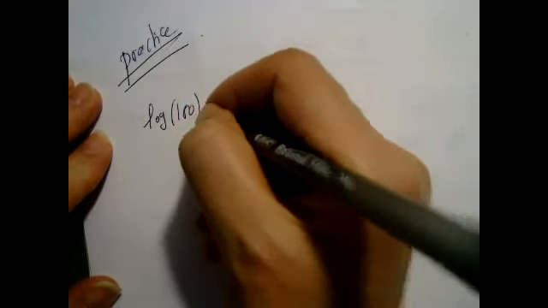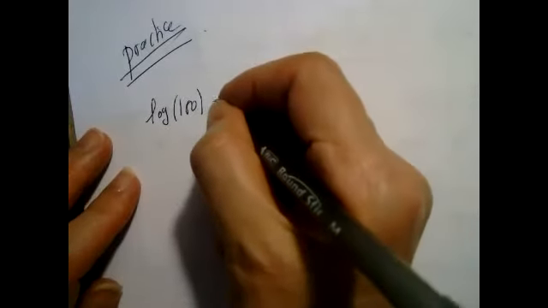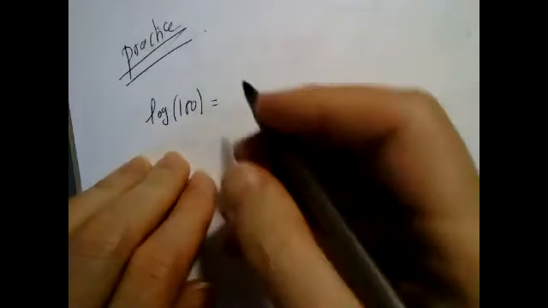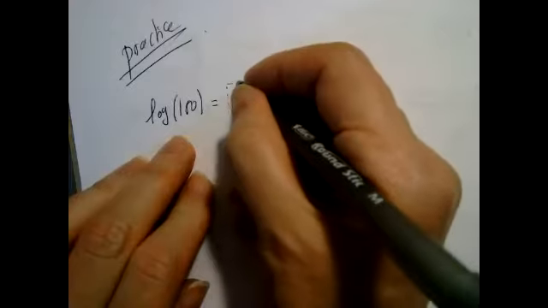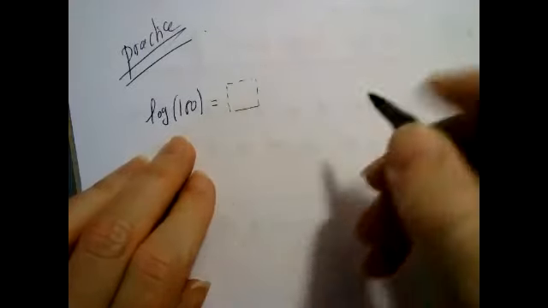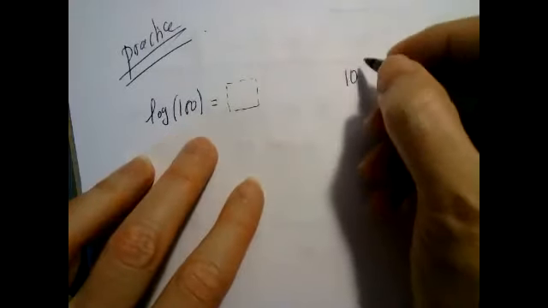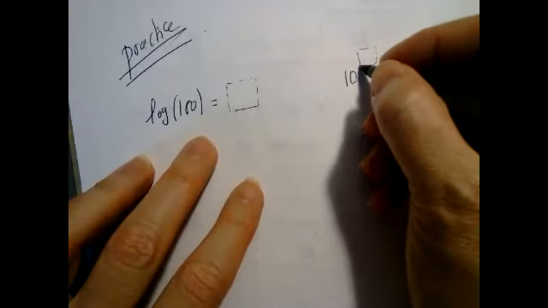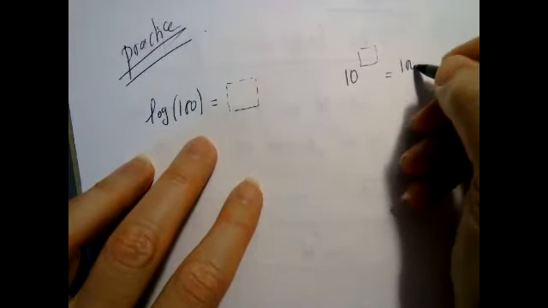All right, let us find the log of 100. So I picked a number, 100, asking you to find the log of 100. What does this mean? Log of 100 is the thing or a box, such that if I take 10 to the power of the thing, I get 100.